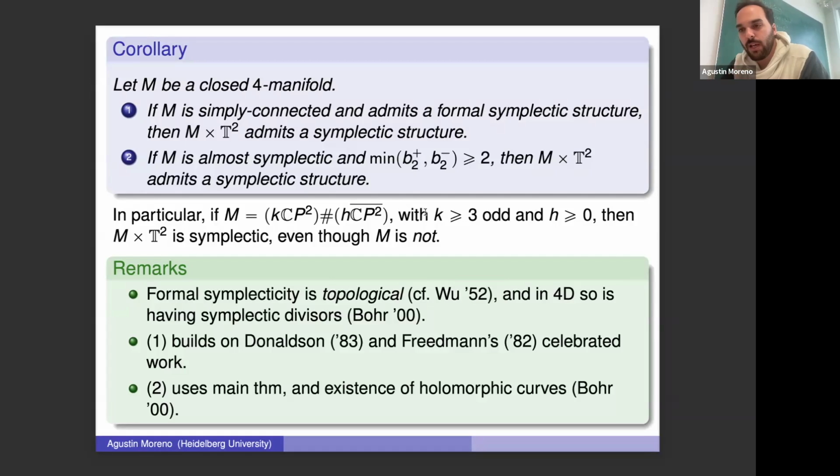Then you need to make sure that they have positive self-intersection, but it's also possible to achieve. Okay, so that's in a nutshell how the 4-dimensional results follow from the main theorem. Okay, but today, as I said, I'll focus on trying to explain how to prove the main theorem.